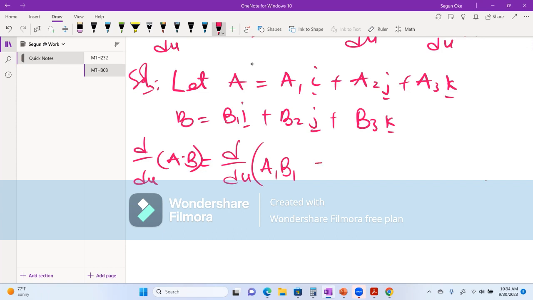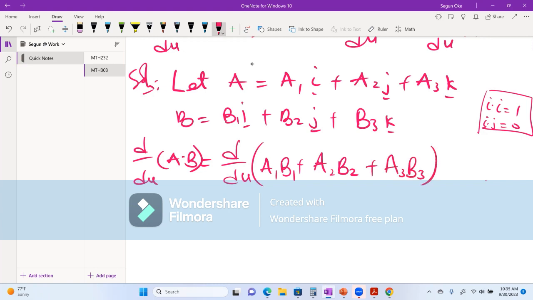Now, let this be at the back of our mind: i dot i is equal to 1, i dot j is equal to 0. 1 multiplied by everything is still everything, identity. So we have plus A2 B2 plus A3 B3.